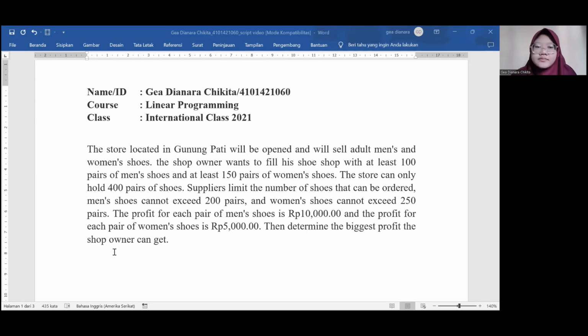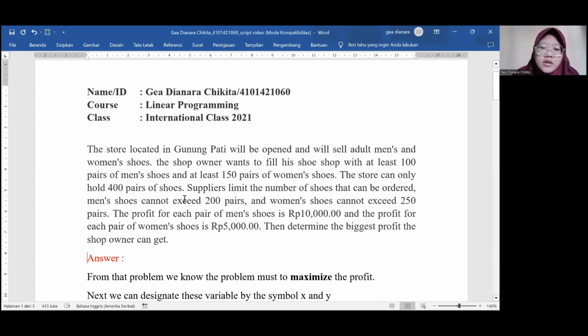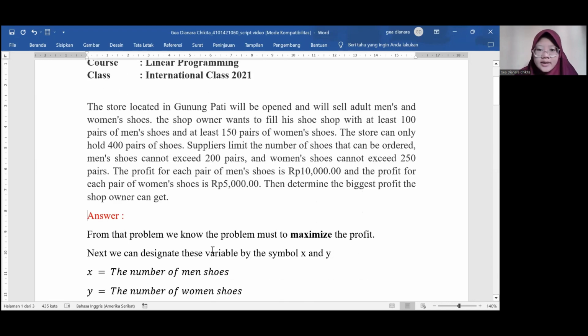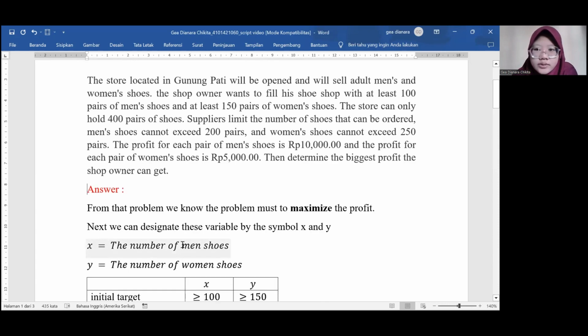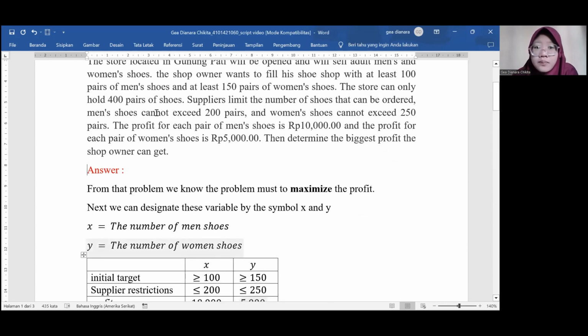Okay, this is the solution. From that problem, we know that it is a maximization problem. Next, we define the variables: let x be the number of men's shoes and y the number of women's shoes.